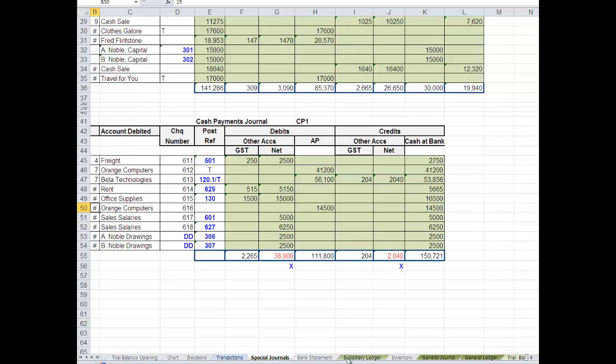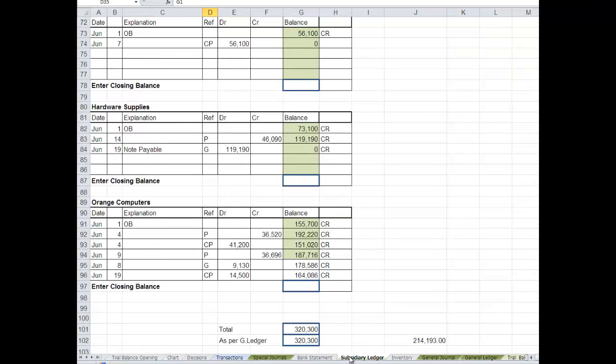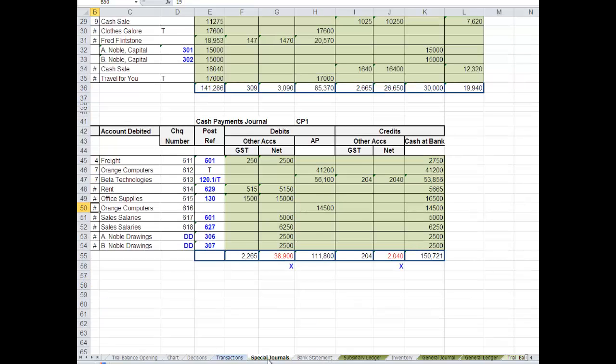Payment of 14,500. Oh, here it is, 19th. I have posted that. I had the wrong date in there. It's not good having the wrong date. Right, that's now done.